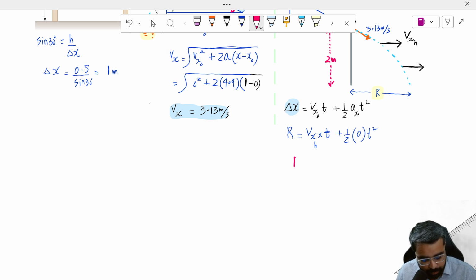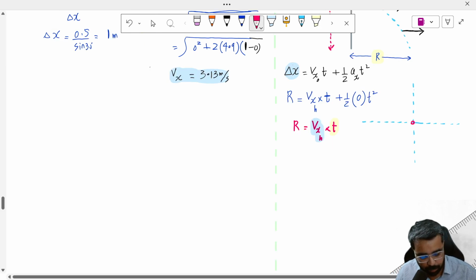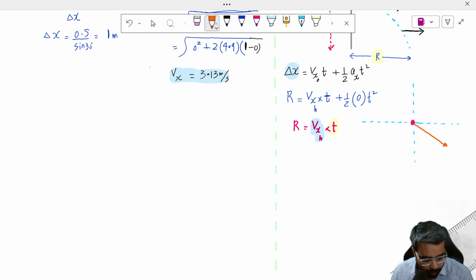So this is an equation that we have to apply, but the problem is that you know neither this value nor this value. Let's calculate them one by one. So just imagine when the block reaches the last point of the inclined plane, where you know its velocity is 3.13 meters per second.